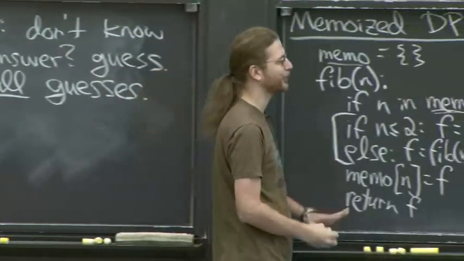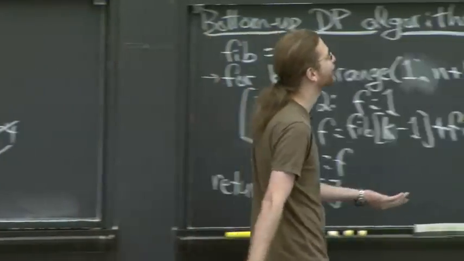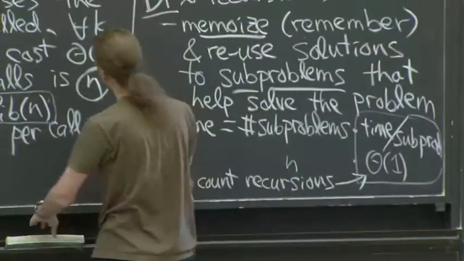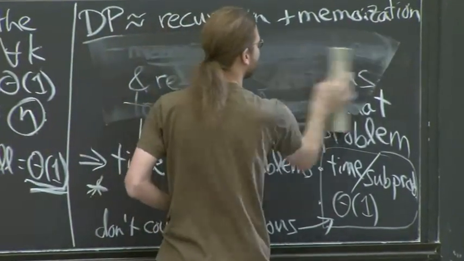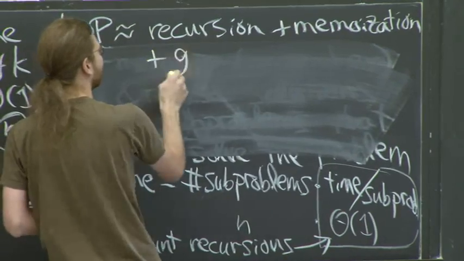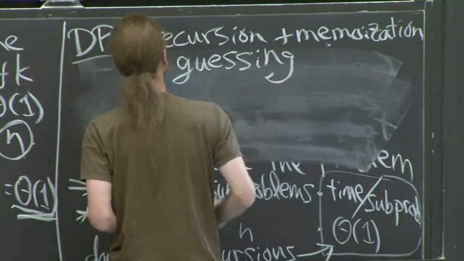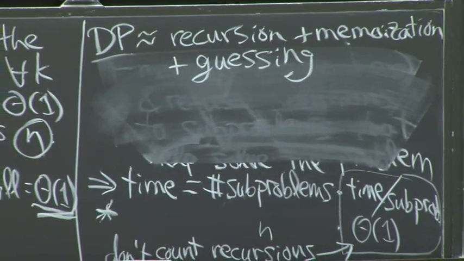This is central to dynamic programming. I know it sounds obvious, but if I want to fix my equation here, dynamic programming is roughly recursion plus memoization. This should really be plus guessing. Memoization, which is obvious, and guessing, which is obvious, are the central concepts to dynamic programming.